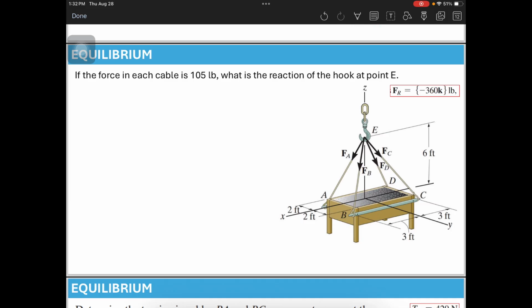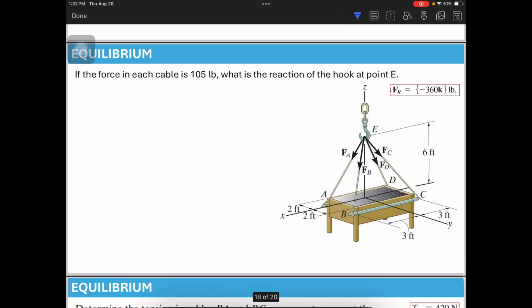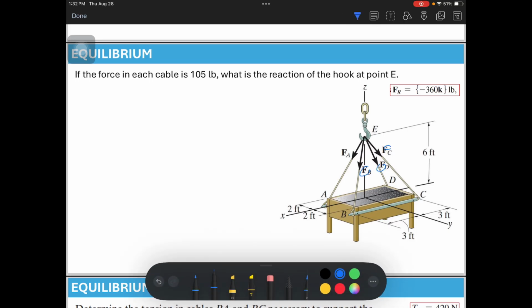So, if the applied forces in each cable, itong FA, FB, FC, and FD are all equal to 105 pounds, what is the reaction of the hook point E? So, since ang hook na to nagdadala sa buong system na to, siya yung support. And ano yung reaction? Or that means, ano yung force na kailangan exert ng support E para makarry niya itong system na ito.